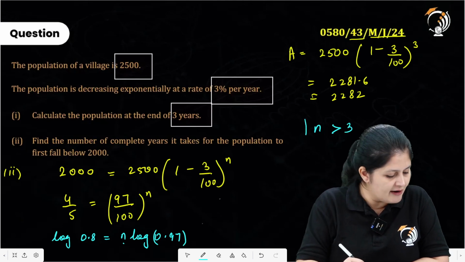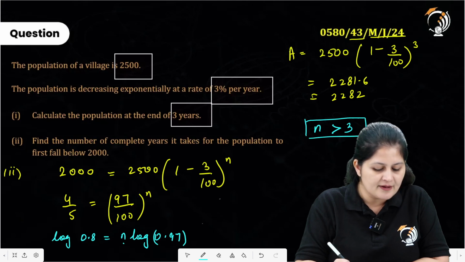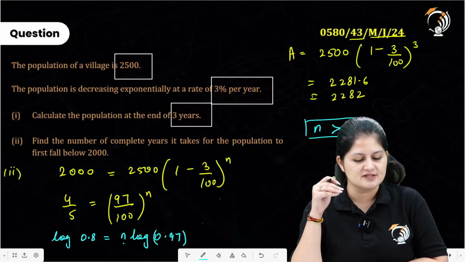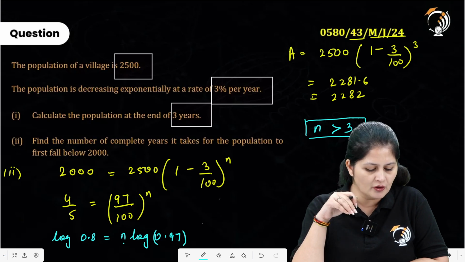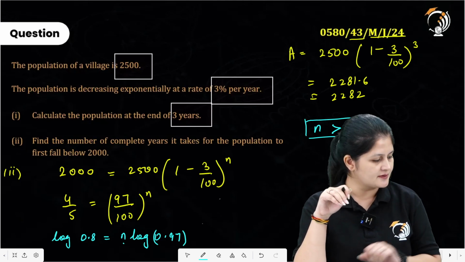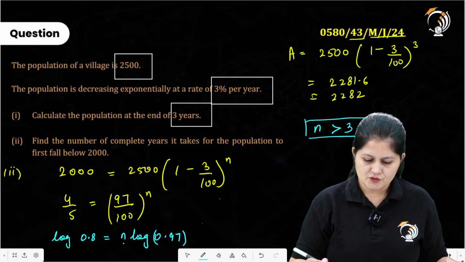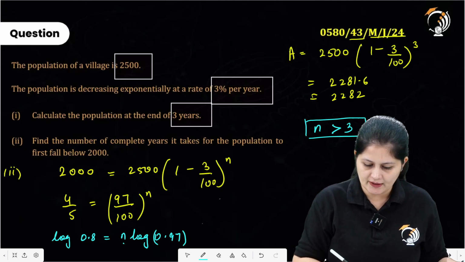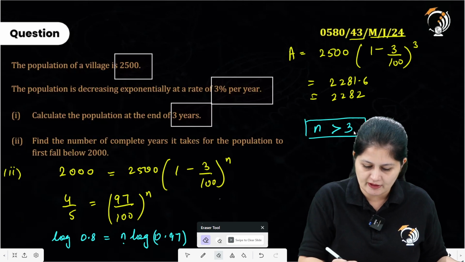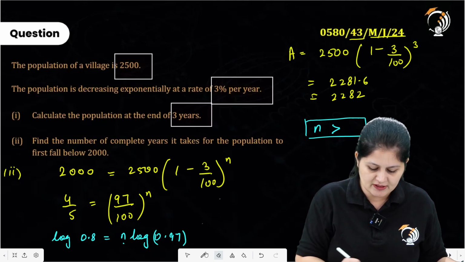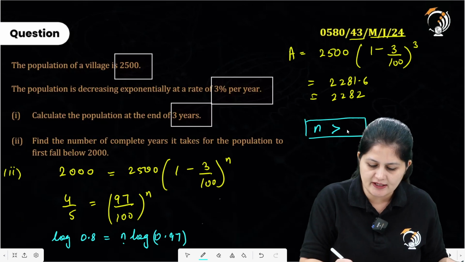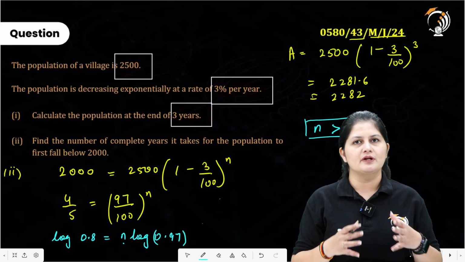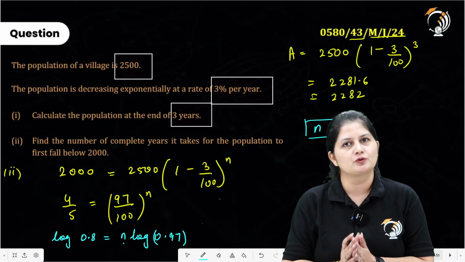That means after 3 years we observe that the population falls below 2000. Just a second. So here we need n to be greater than 8 in order to have the population going just below 2000.